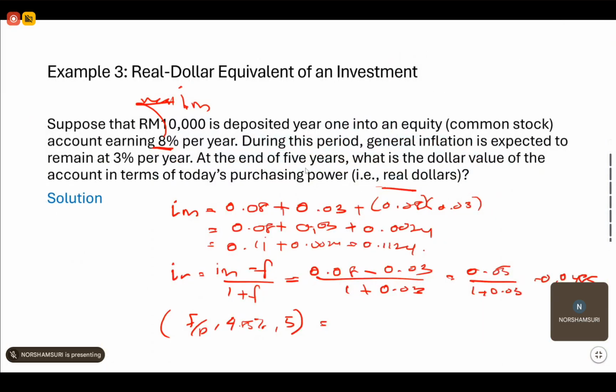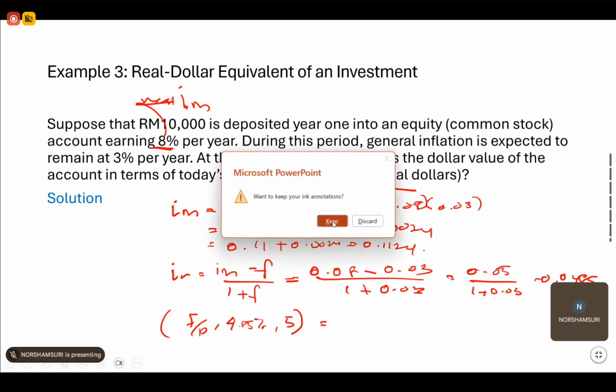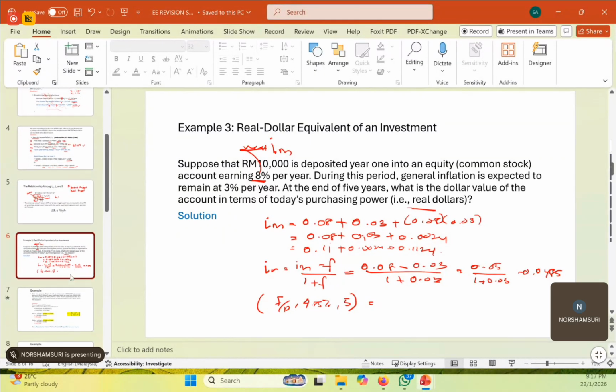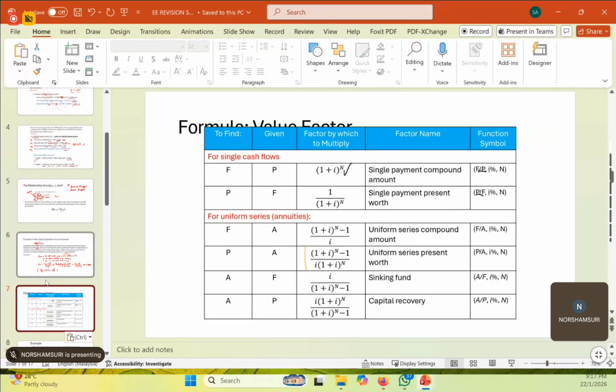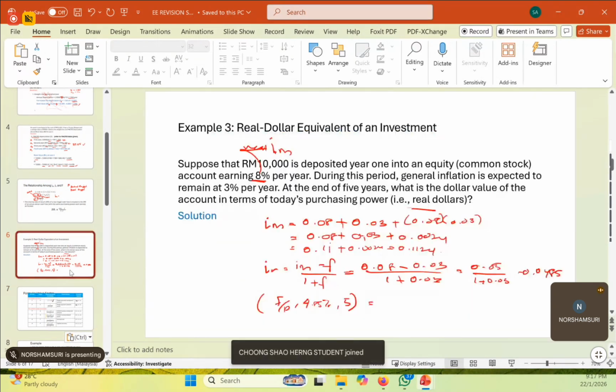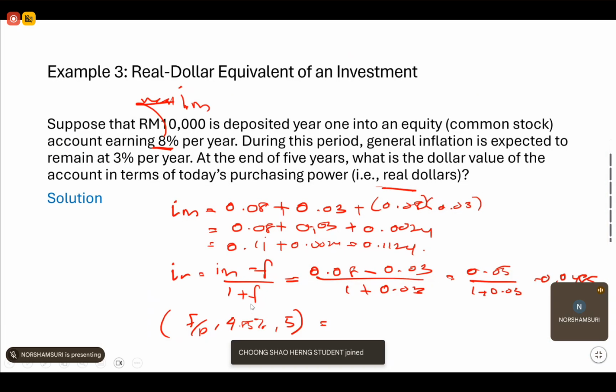Hold on. Let me put this one first. So here is the formula just now.